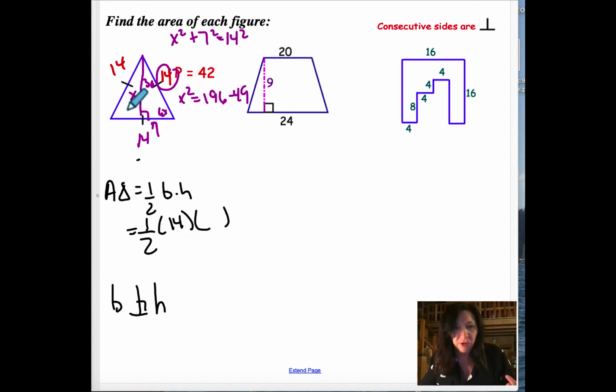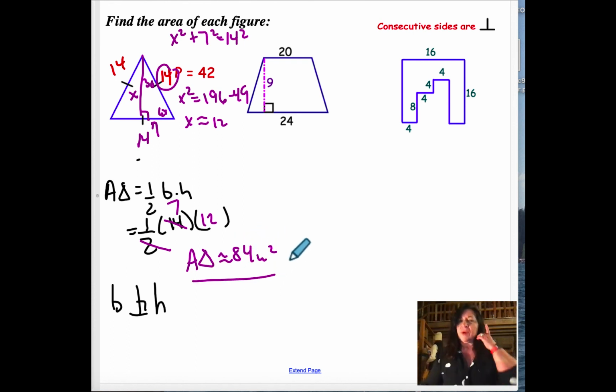I'm just going to say it's about 12. So x is about 12. That's my height. So I'm going to put about 12 here. 2 divides into 14 7 times. And we're going to go 12 times 7, and that's just 84. So the area of that triangle is about 84 units squared. And yeah, we rounded to the nearest whole number.